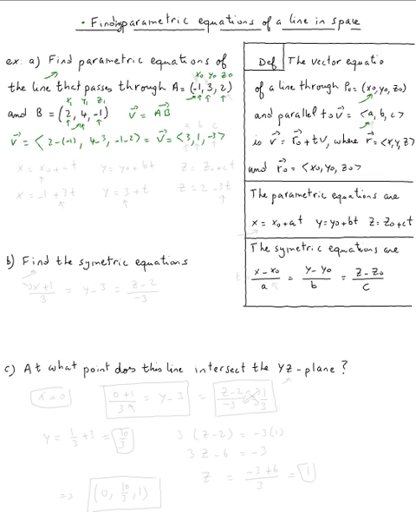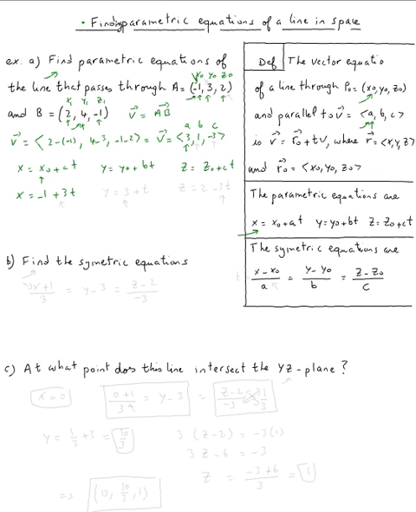Alright, so if you notice, this is what we call a, b, c, and then we have x0, y0, z0. So parametric equations will be x equal x0 plus at, y equal y0 plus bt, z equal z0 plus ct. So all we're going to do is plug in. My x0 happens to be -1, so x = -1 plus 3t, since a is 3.